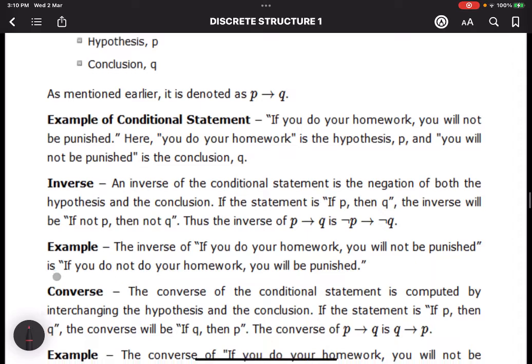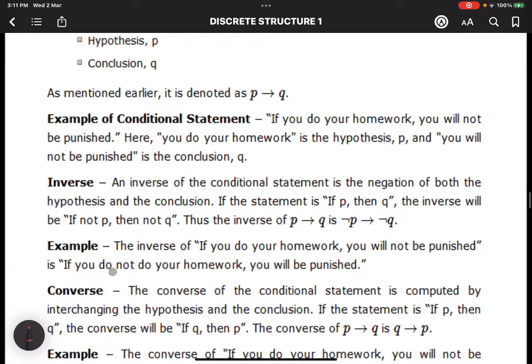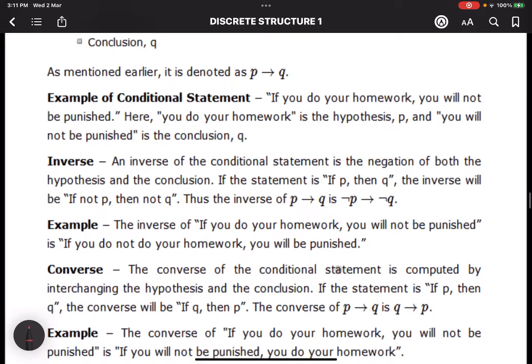So we will have if you do not do your homework, you will be punished. So, binaliktad natin to, nilagyan natin ng not. Ito namang isa, tinanggalan natin ng not. So, if you do not do your homework, you will be punished.